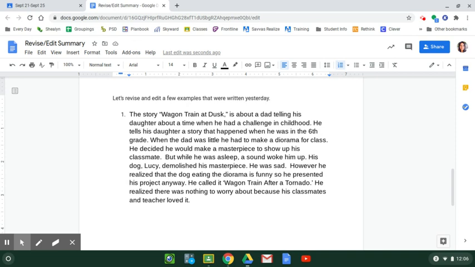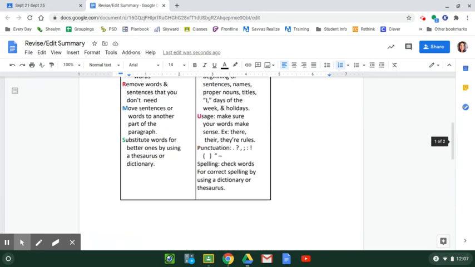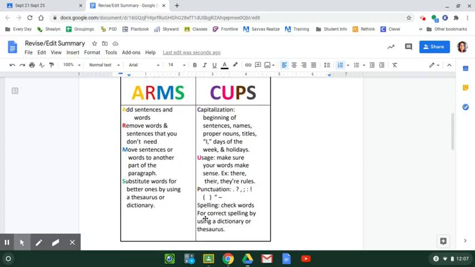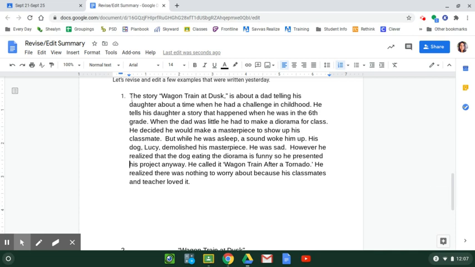Excellent. So now we need to just double check, go back and make sure that we have correct capitalization, punctuation, and usage of words, as you see up here. Capitalization, usage, and punctuation, and spelling. So the story Wagon Train at Dusk. Wagon Train at Dusk is capitalized. I see that I have a period, I have a comma, I have a period at the end of the sentence.